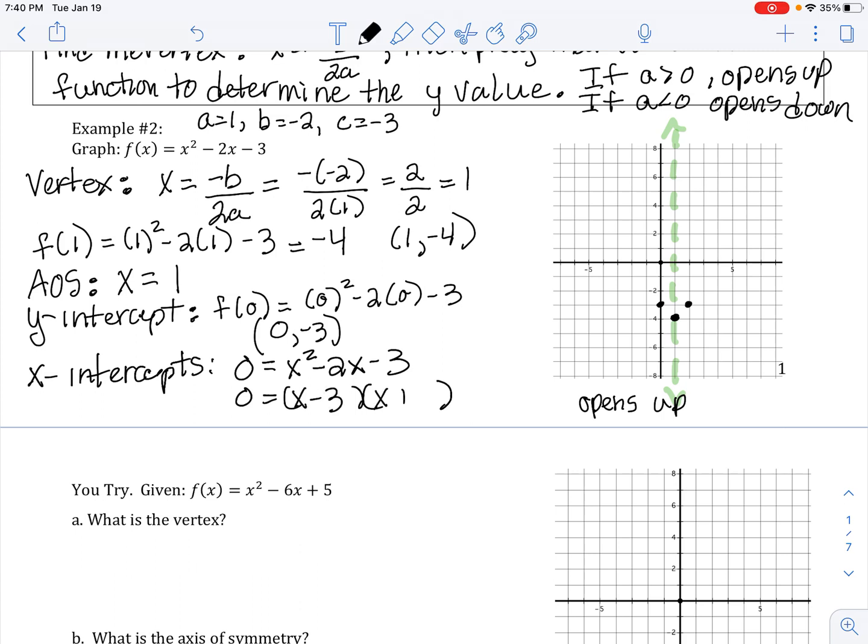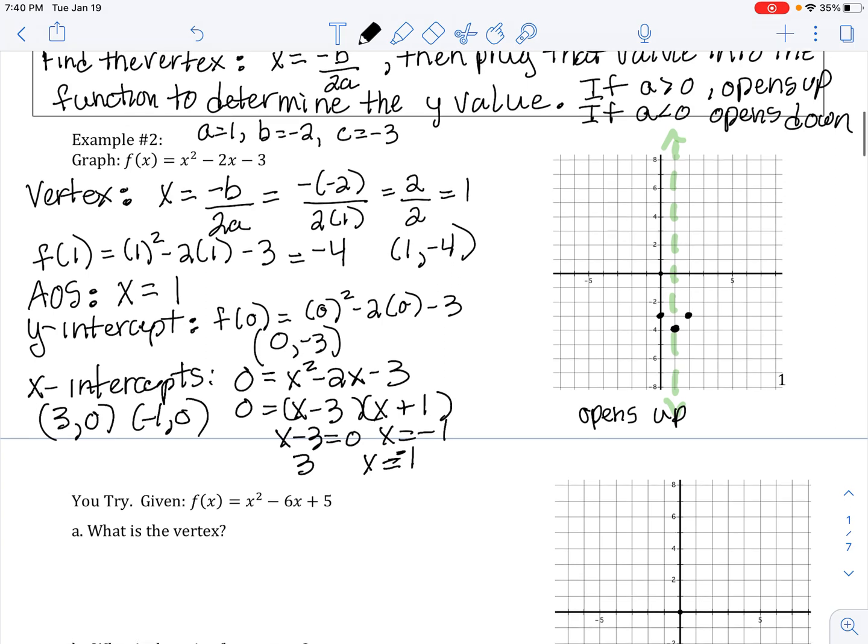So that's going to be x minus 3 and x plus 1. So that multiplies to negative 3 and adds to negative 2. So we'll set those equal to 0. And we get 3 and negative 1. So my x-intercepts are at (3, 0) and (-1, 0).